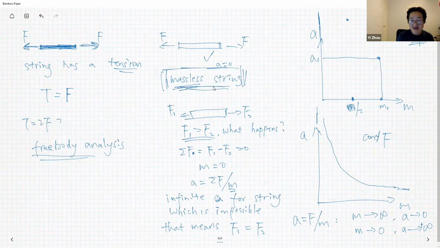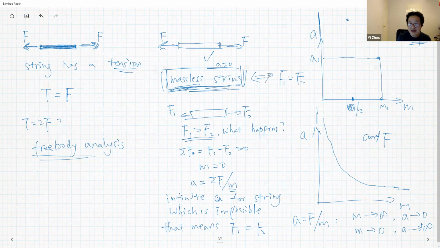When you have a massless string, the force on both sides, left and right of the string, must be equal, right? Because if this happens, the conclusion is not possible. So this cannot happen. So the massless string is equivalent to F1 equals F2.